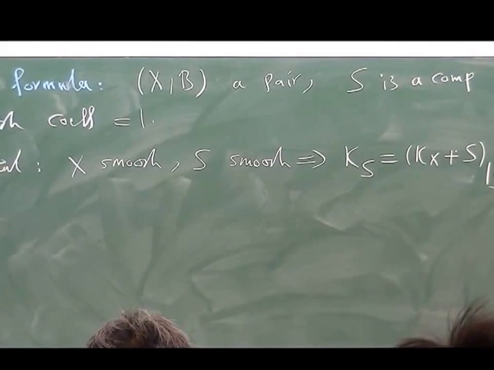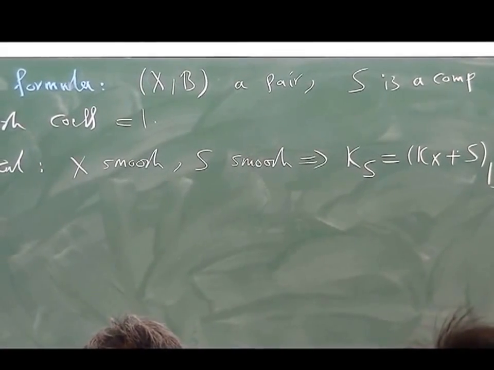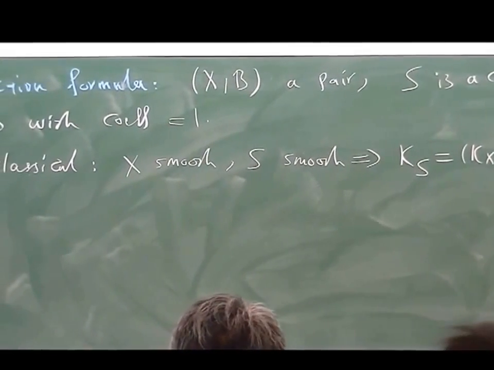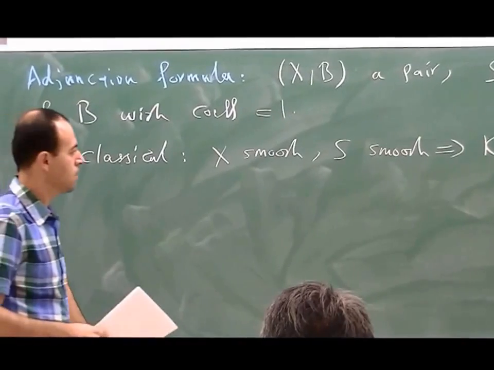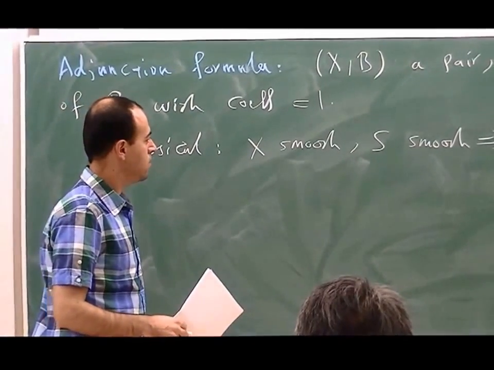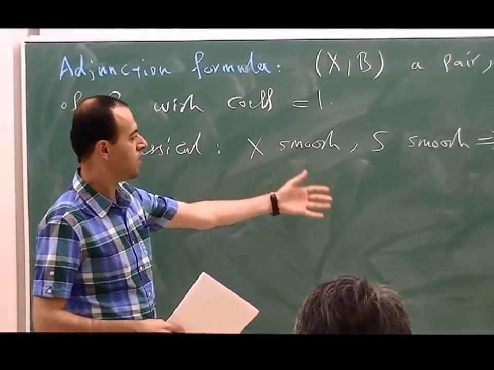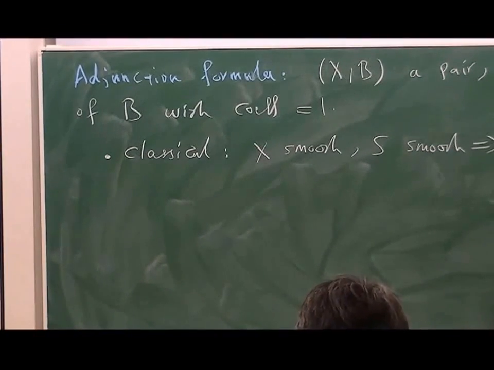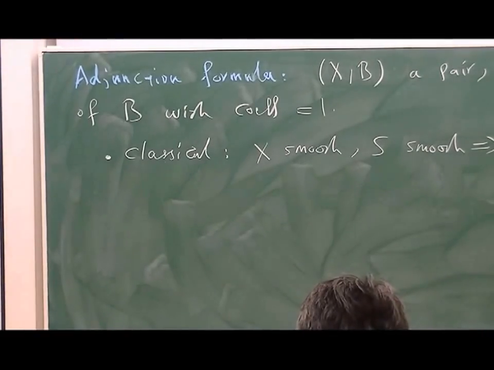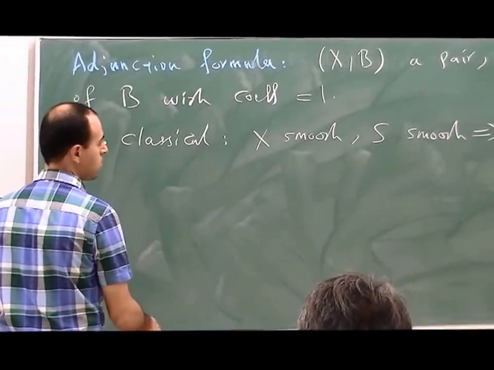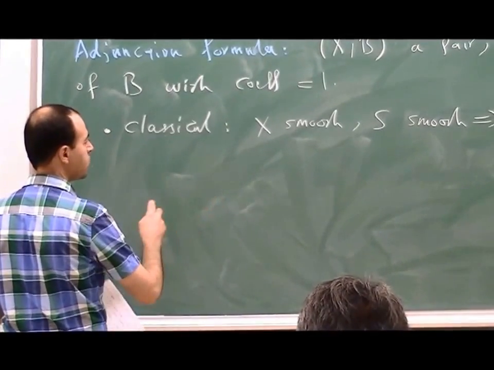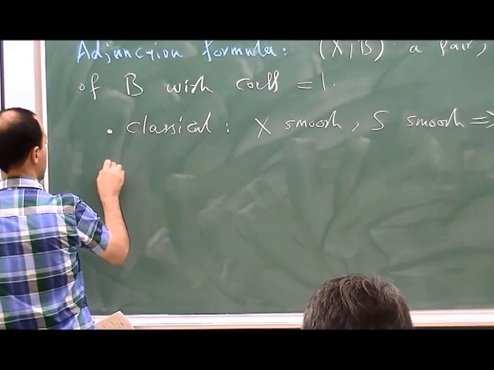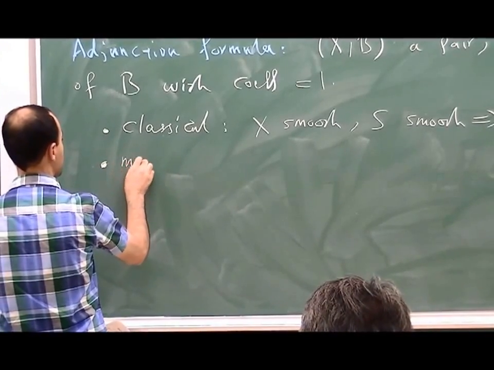So you also have not only algebraic geometry but also differential geometry. So it's very classical. So in other words, the canonical bundle of S can be understood in terms of the canonical bundle of X and the divisor itself, S. So this is classical, and this proof is not. And then we have the more general setting.